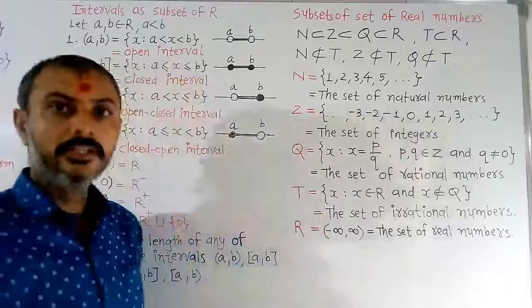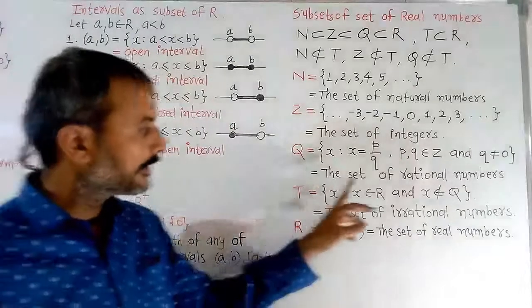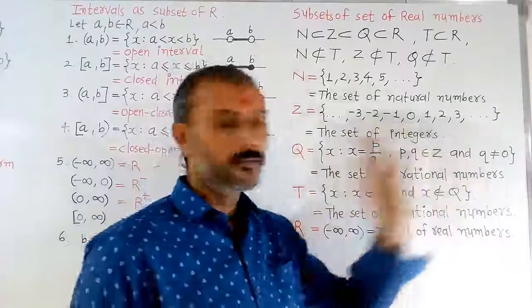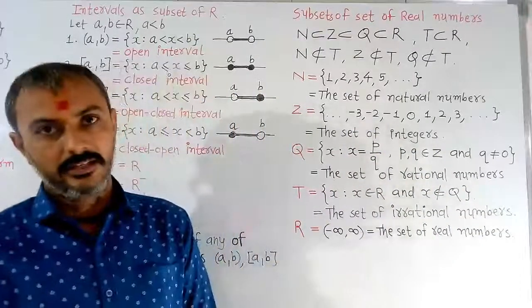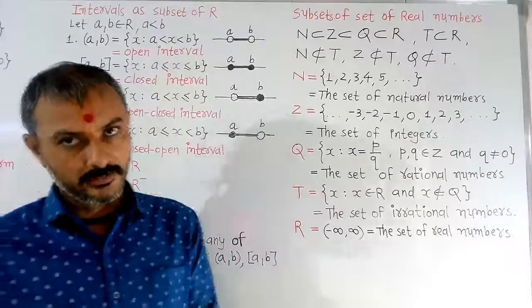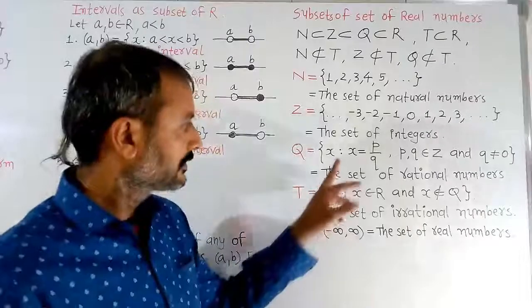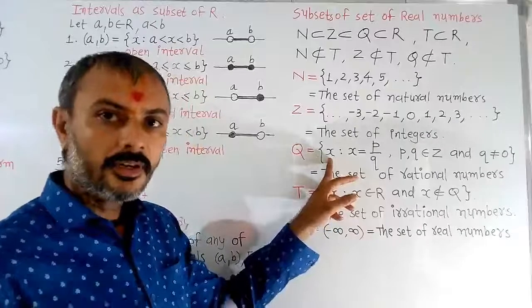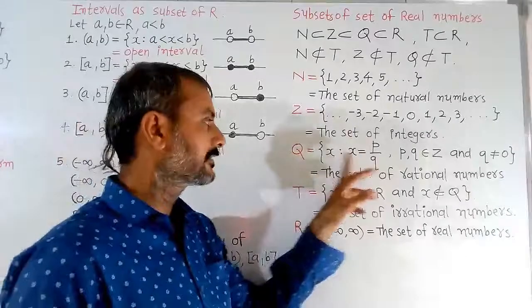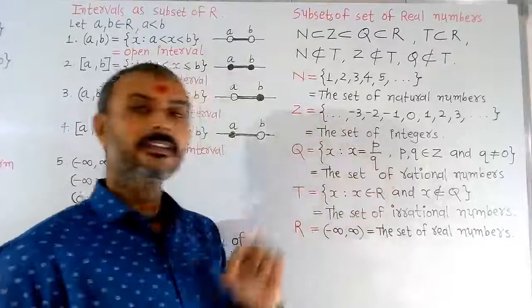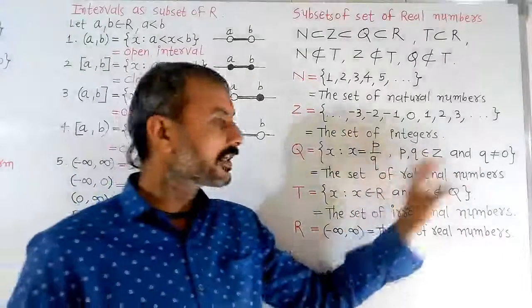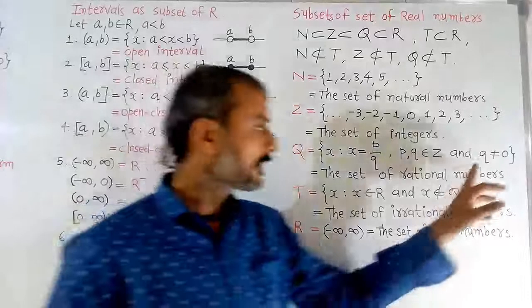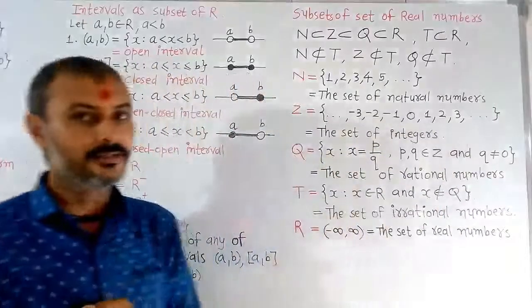Then Q. What is the meaning of Q? Q is the set of rational numbers. And which type of numbers are rational? It is the set of all x such that x is p by q. What are p and q? They are integers. And q is not 0.